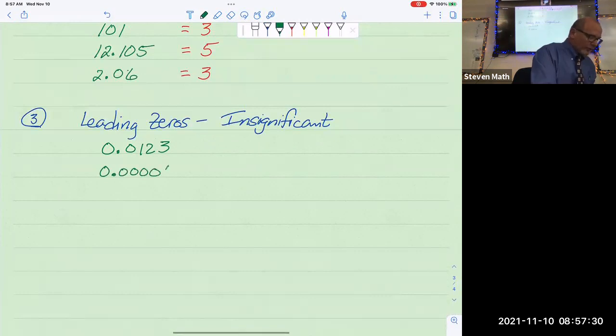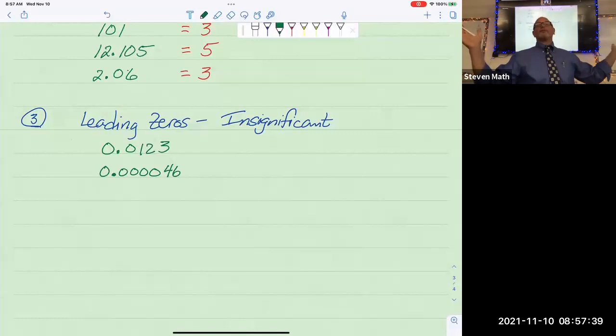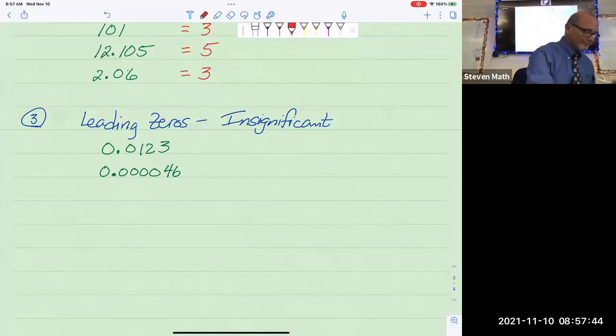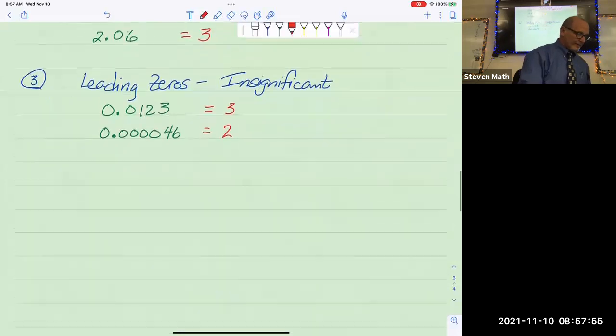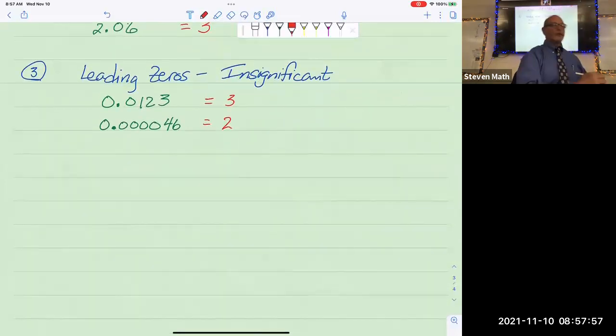These are all the zeros that come before the number actually starts. The number doesn't start till we get to the integer. So that has 3 sig figs. That only has 2 sig figs. Leading zeros are easy. They're useless because I could account for those with exponential notation.